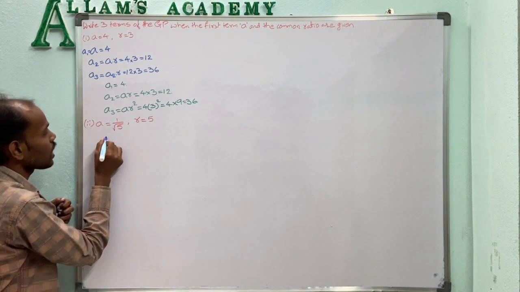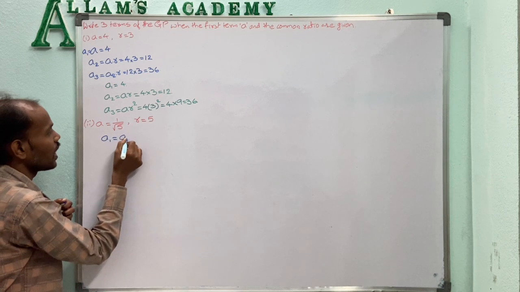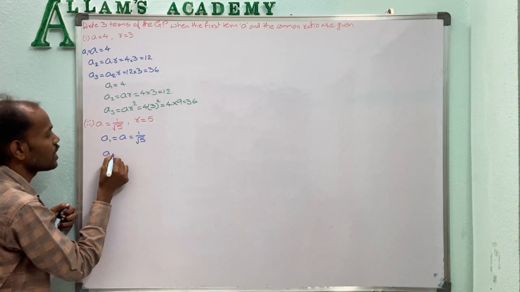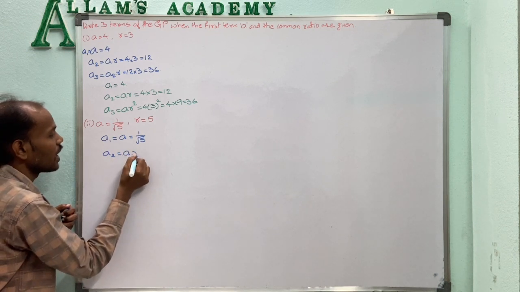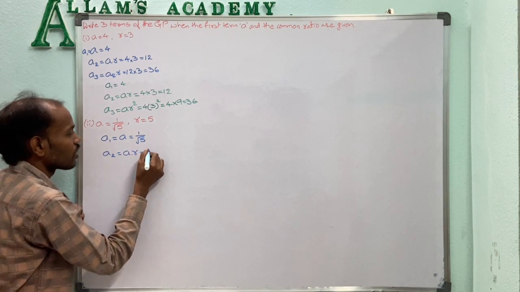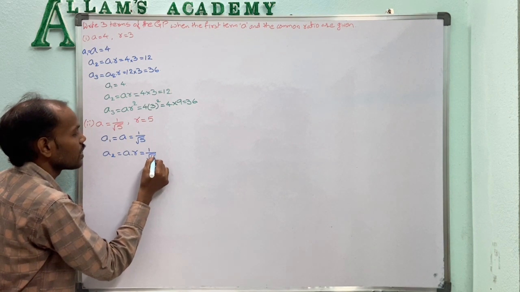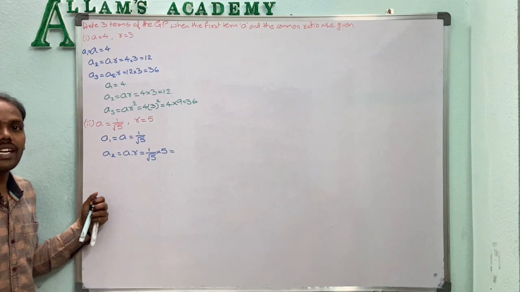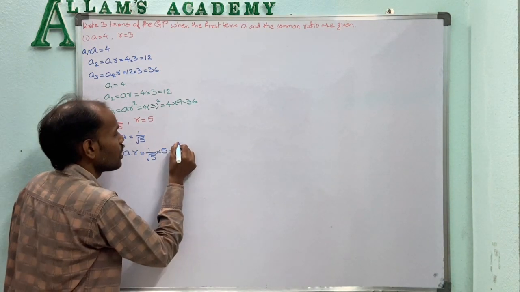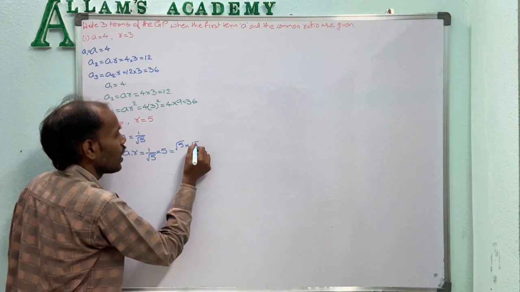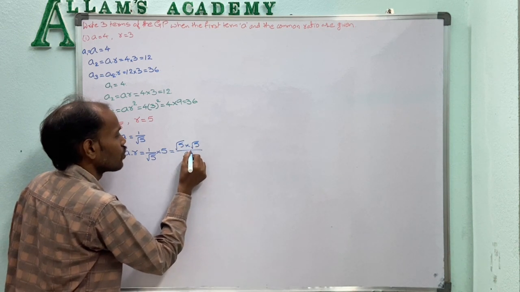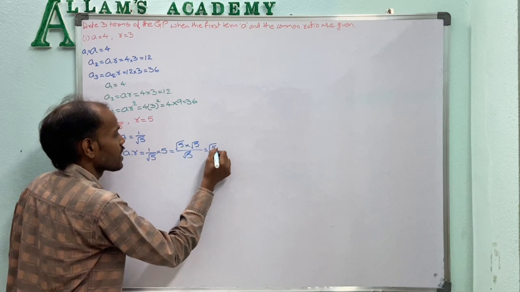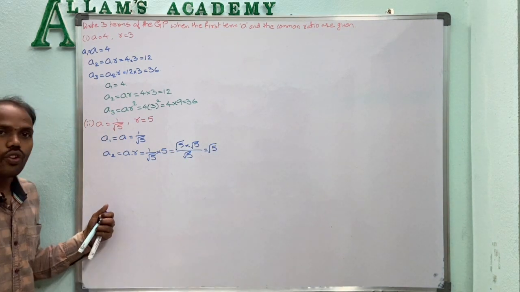The second term a2 is a into r, that is 1 by root 5 into the common ratio 5. Now 5 can be written as root 5 into root 5. So root 5 into root 5 by root 5, so root 5 gets cancelled. That means we get the second term as root 5.